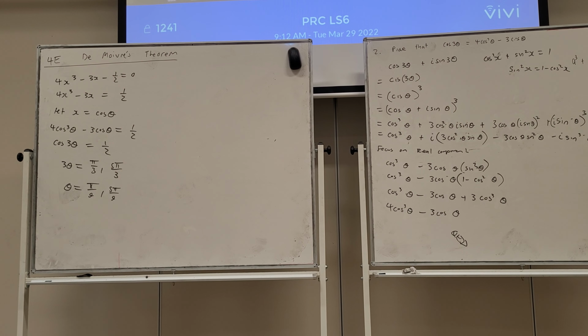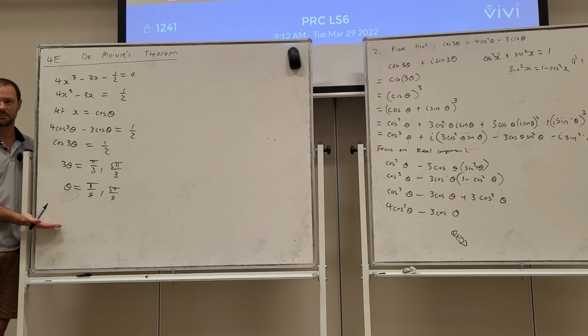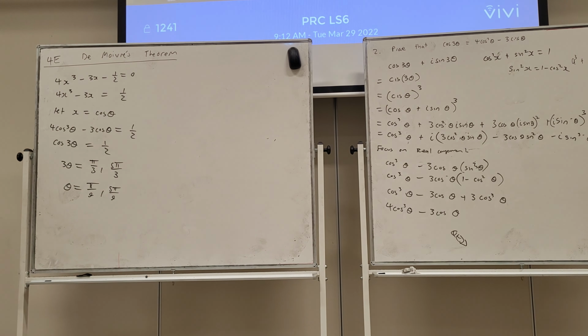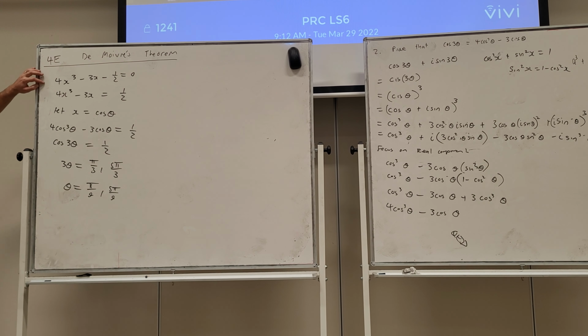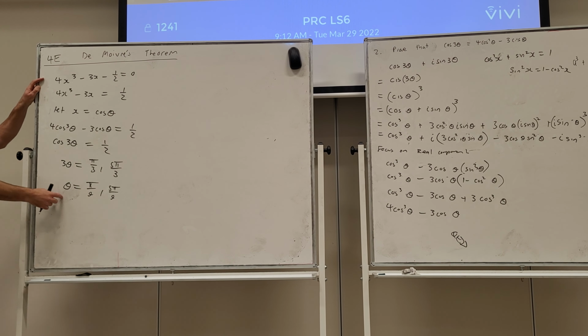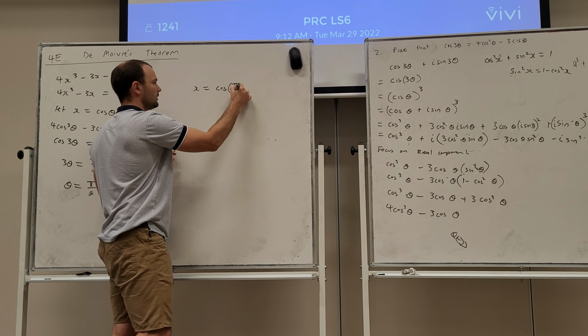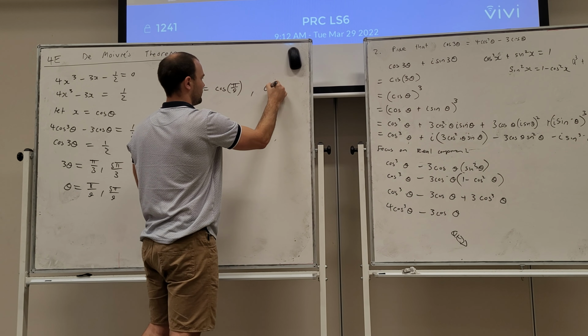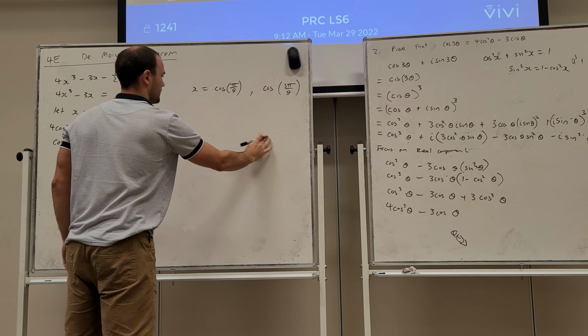Now remember what we've said. X equals cos of theta. We haven't answered the problem here yet because we're asked to solve what are the values of x that make this statement true. So if x is cos of theta, that means x is cos of pi on 9 and cos of 5 pi on 9.